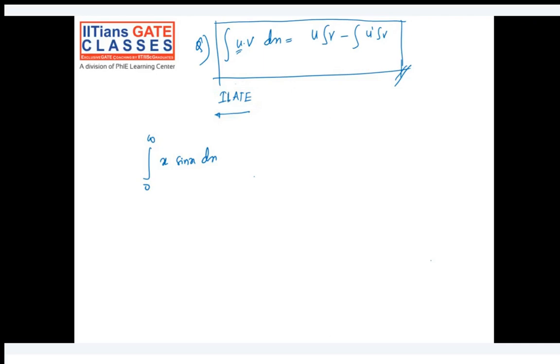So the priority given to algebraic function is more than the trigonometric function for selection of u. So this is your u and this is your v. So using that, it's x times integration of sin x, which is minus cos x, minus integration of the differentiation of x, which is 1, times integration of sin x, again minus cos x. And that minus sign will come here, it will be plus cos x.